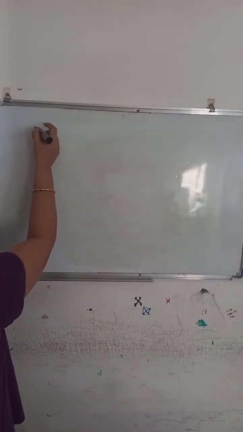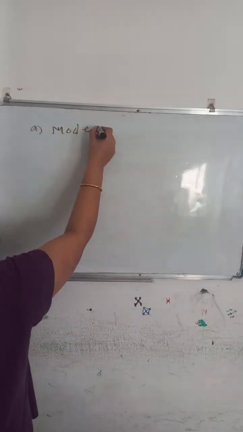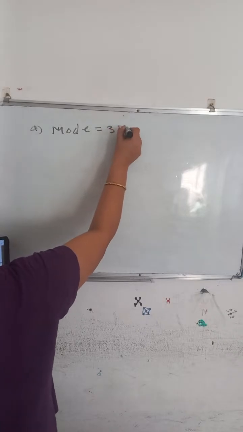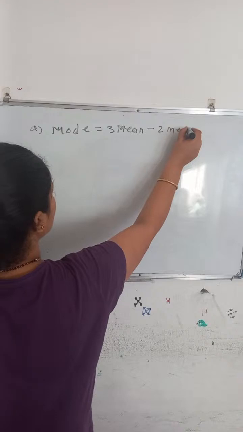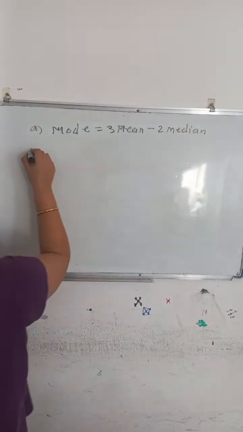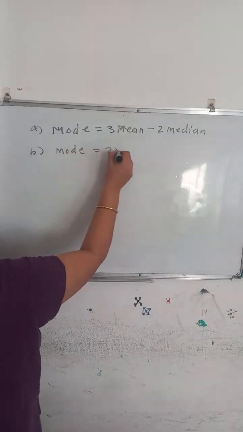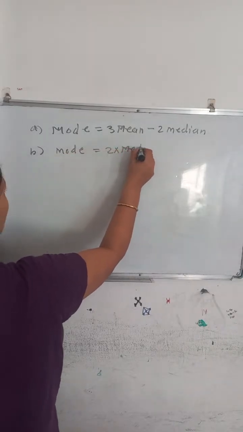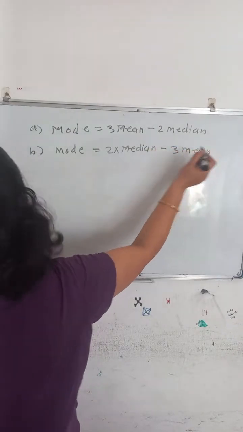So your options are given. First option, mode is equal to 3 mean minus 2 median. Option B, mode is equal to 2 into median minus 3 into mean.